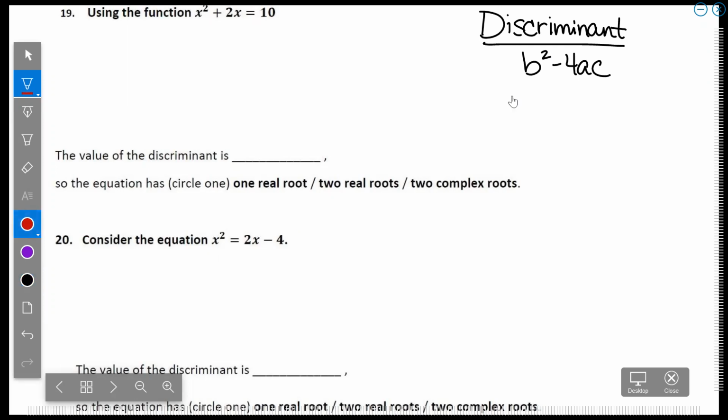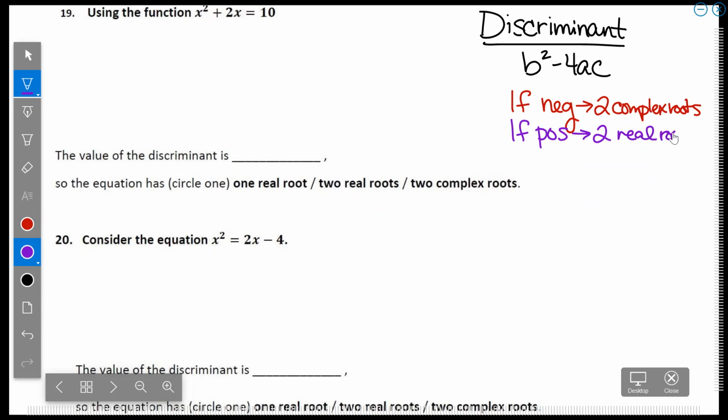If you do this and it comes out negative, that means 2 complex roots. If you do this and it comes out to be positive, that means 2 real roots.